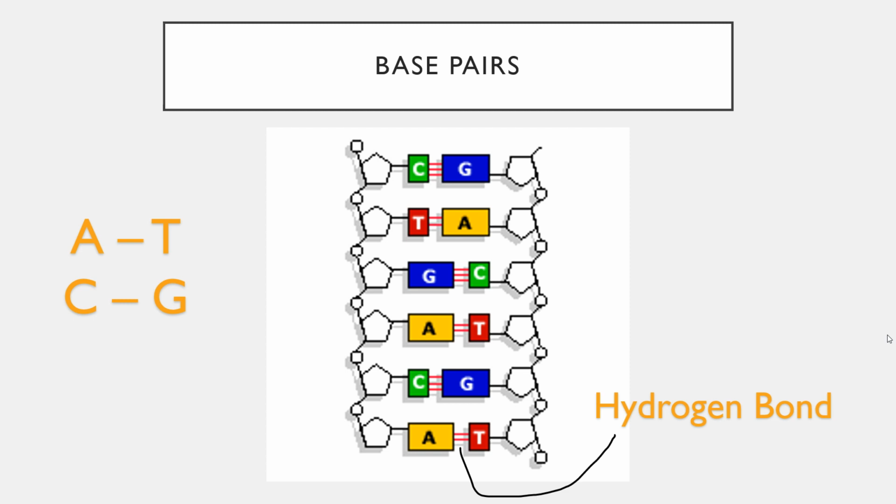As these bases line up in the centre of the molecule with the sugar phosphate backbone on the outside, remember they will always align in very specific ways. A will always be opposite a T, adenine and thymine, whereas C will always be opposite G, cytosine and guanine. And what keeps them bonded together are hydrogen bonds.